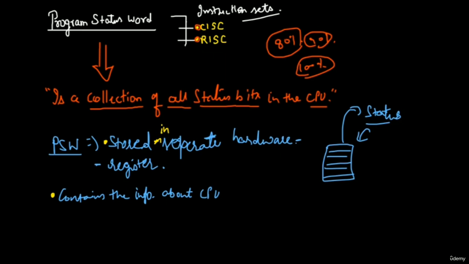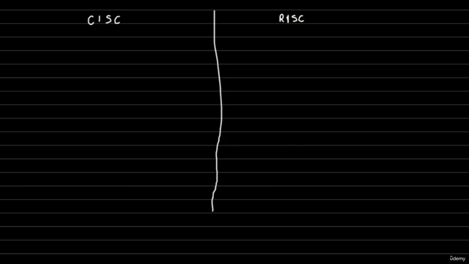So let's study CISC and RISC in detail, in a differentiated form so that we can understand the things and compare side by side what is what and what it means. First of all, let's begin with the full forms.